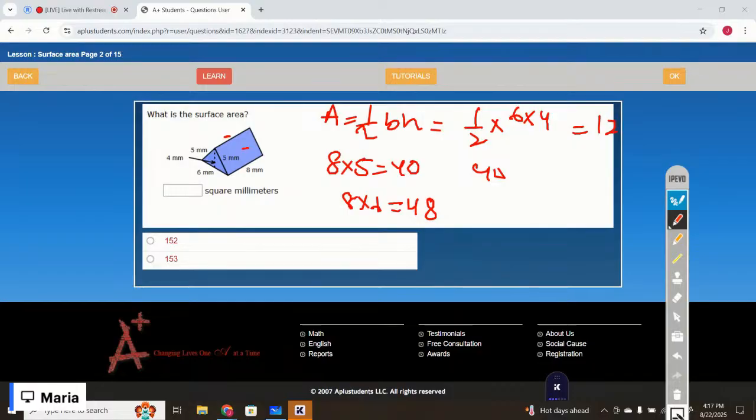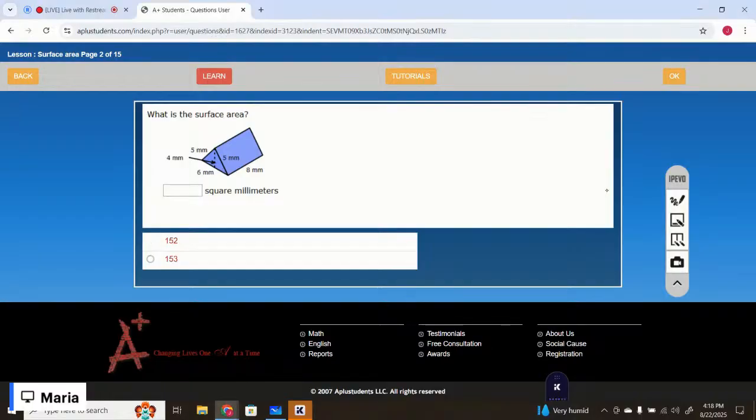So now when you add all the areas that is 152. Option number 1 is the correct option.